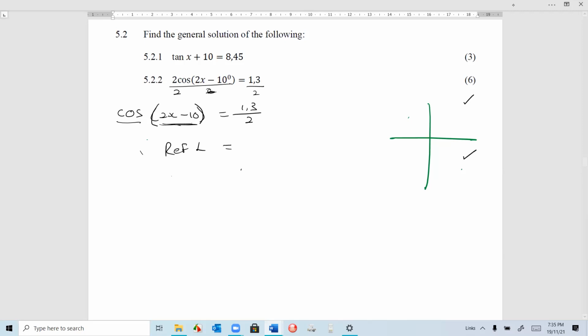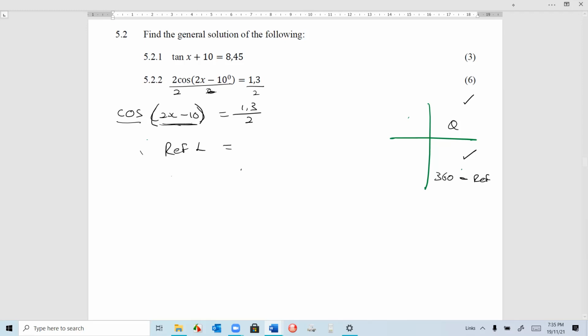In quadrant 1, the angle is theta, an accurate angle, no problems. In quadrant 4, it's 360 minus theta. In this case, we're going to say reference. Now, calculators out. Shift cos. There's only one way you can get rid of the cos, to use your shift key. Shift cos, use your fraction button, 1.3 over 2. Give me an answer.